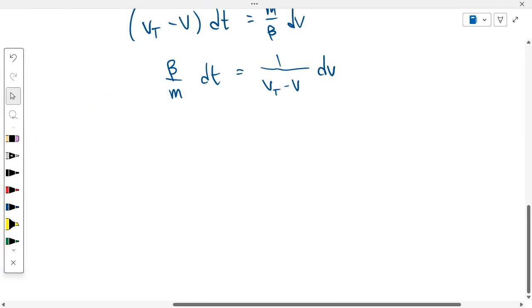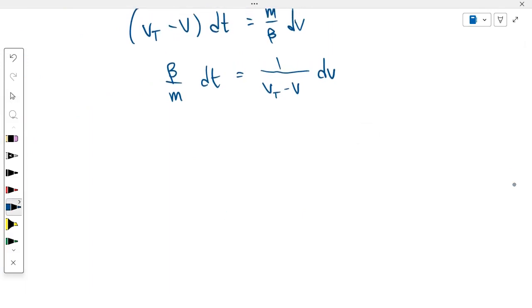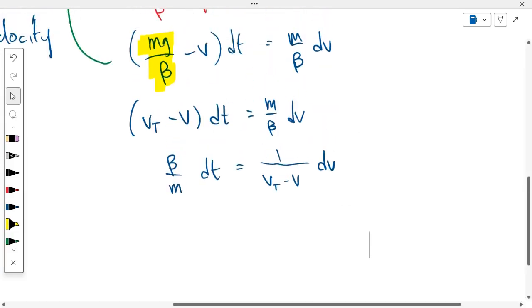So now what we have is all stuff with V over here and dV and other stuff over there, and there's no way for me to move this Vt over there. I've got to leave that where it is. But what I do want to do is make sign stuff work in my favor. So here are my recommendations.